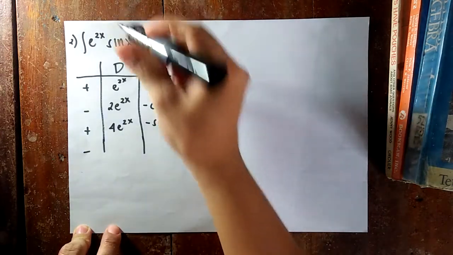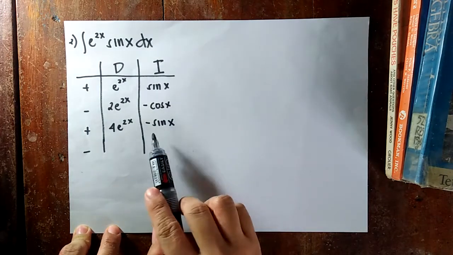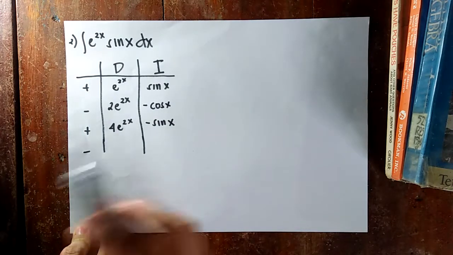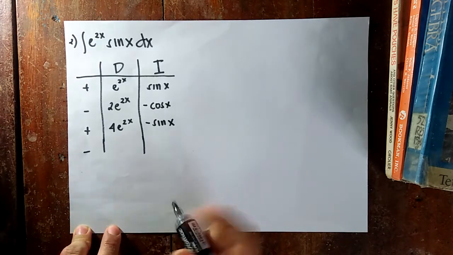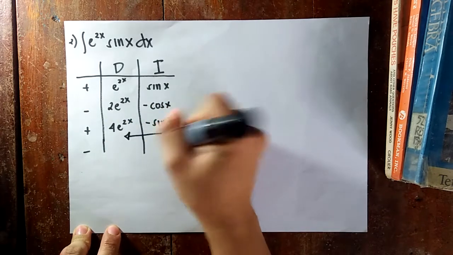as you can see, this e raised to 2x sine x is equivalent to 4e^2x times negative sine x if we move the constant out. So let this be derived to the left.